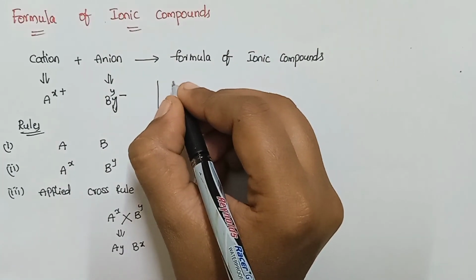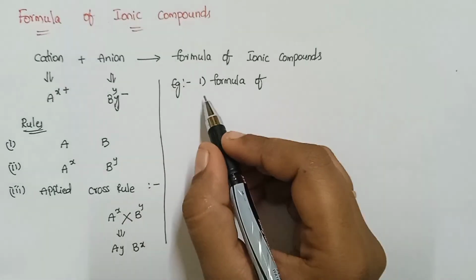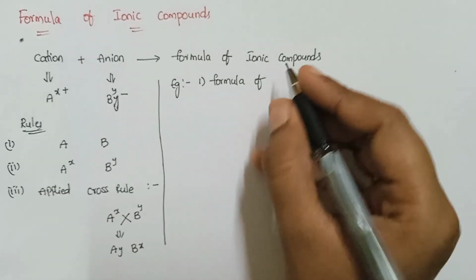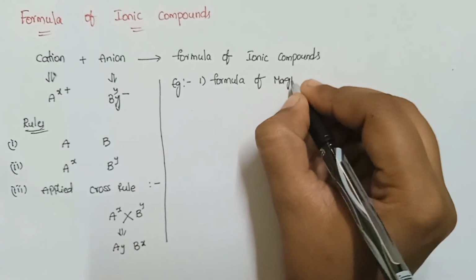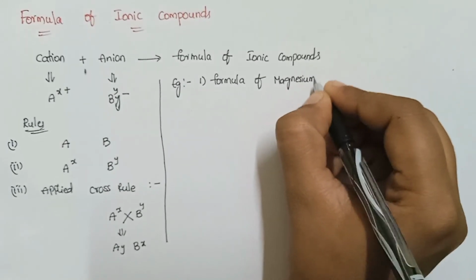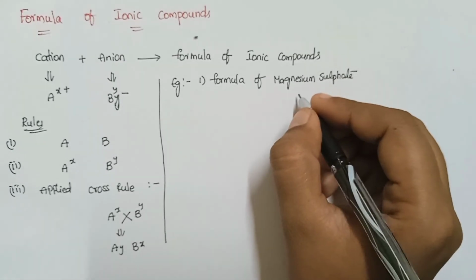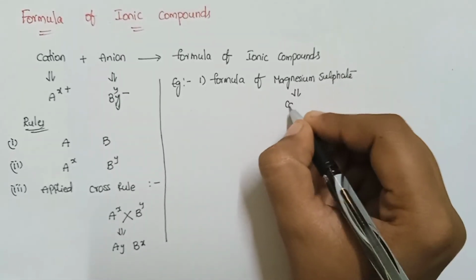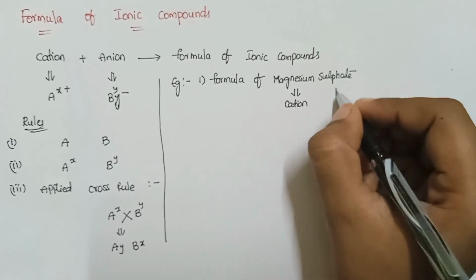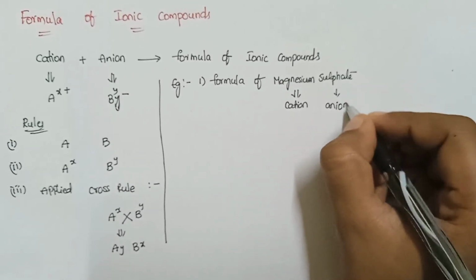did you understand? The first example, formula of magnesium sulfate. So magnesium cation and sulfate anion.